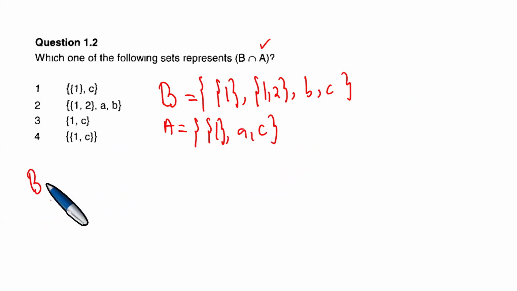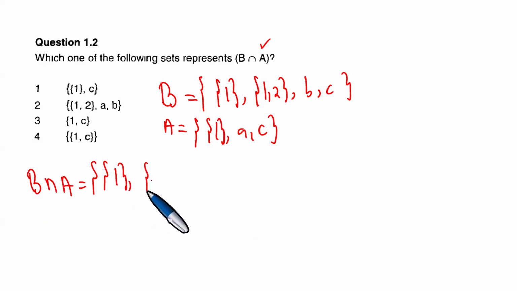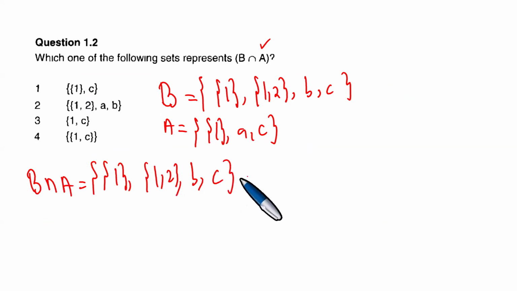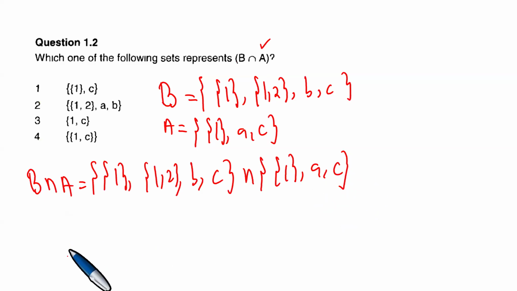We continue to perform the set intersection, and therefore we list the elements in order: 1, 2, B, and C. We find the intersection with 1, A, and C. We pause to reason and then say what elements are common in both sets.